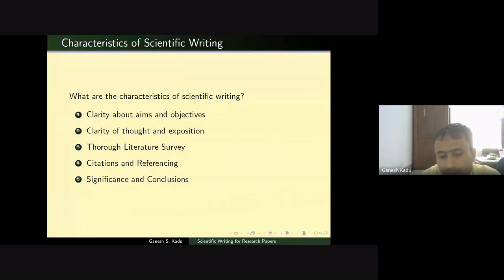Often when you send a paper for publication, you may have some great content, but if you do not justify it, if you do not put it in broader perspective, then it is likely to be rejected. So the conclusions that you derive out of your research have to be properly written.